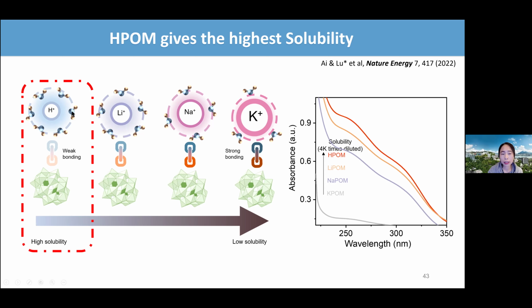And this is because the hydration shell of the proton cation is smaller, so it actually will have much weaker binding with POM. So you can see in this case, the weaker binding will provide higher solubility of the POM. So this is also supported in the concentration measurements.